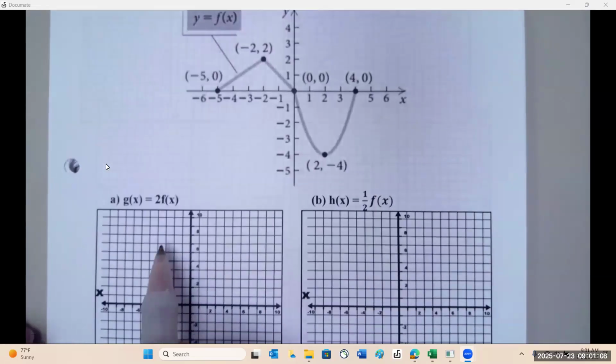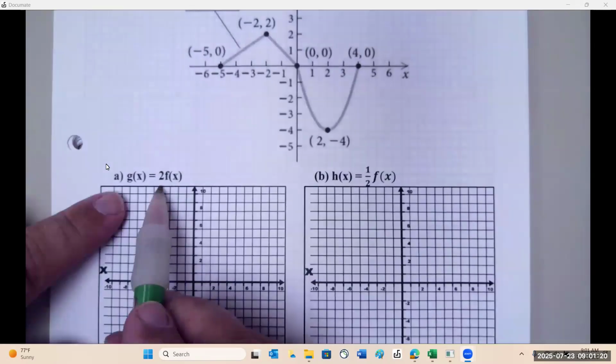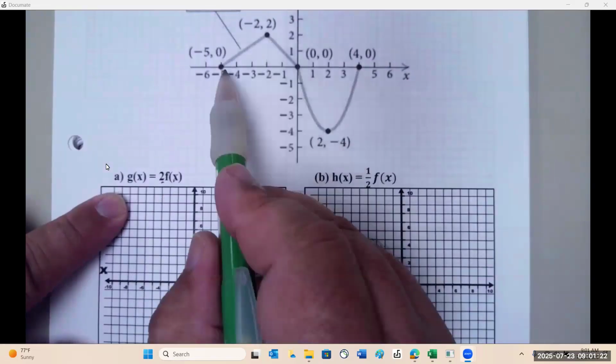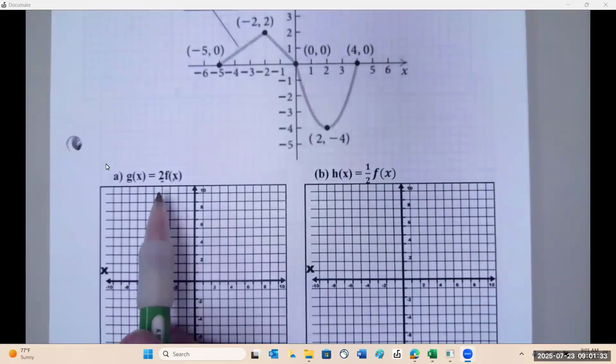For A, what's A going to look like? A is 2 f of x. This graph is f of x. So what changes? Again, is it a horizontal or vertical change?